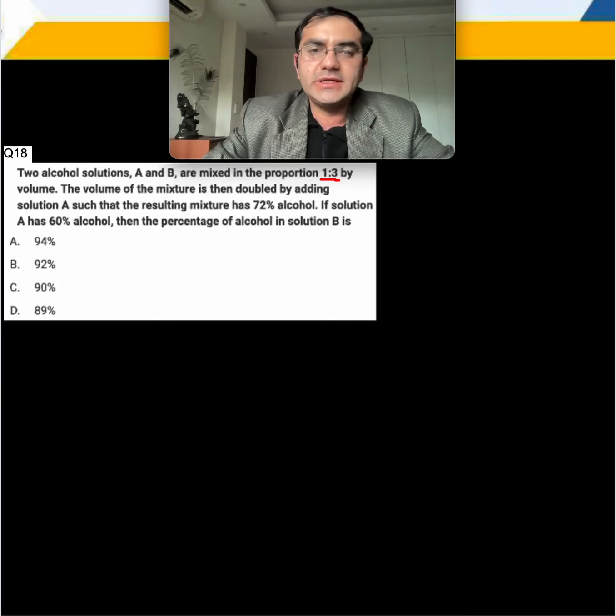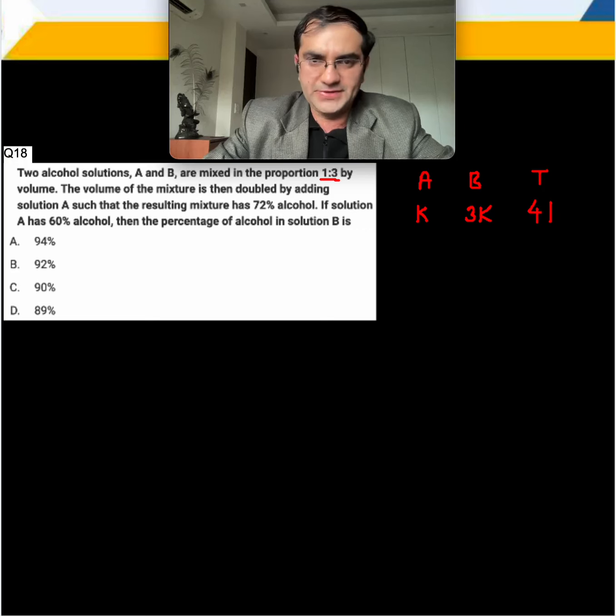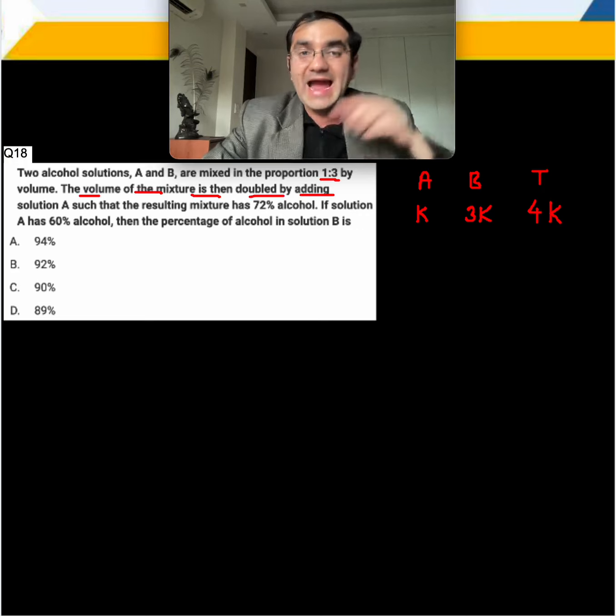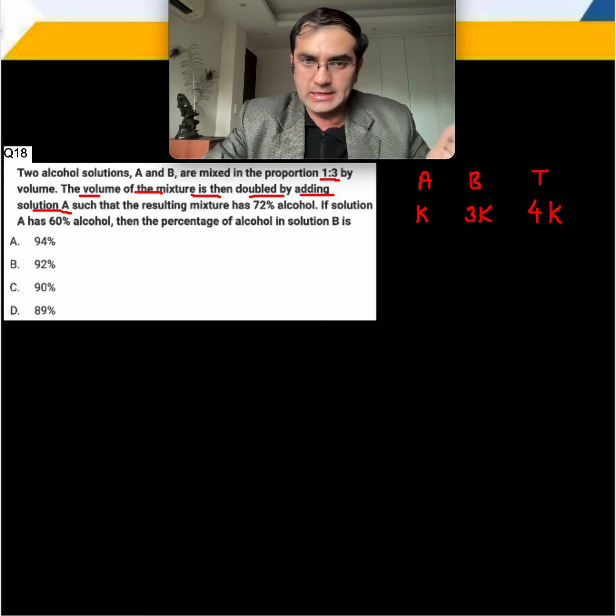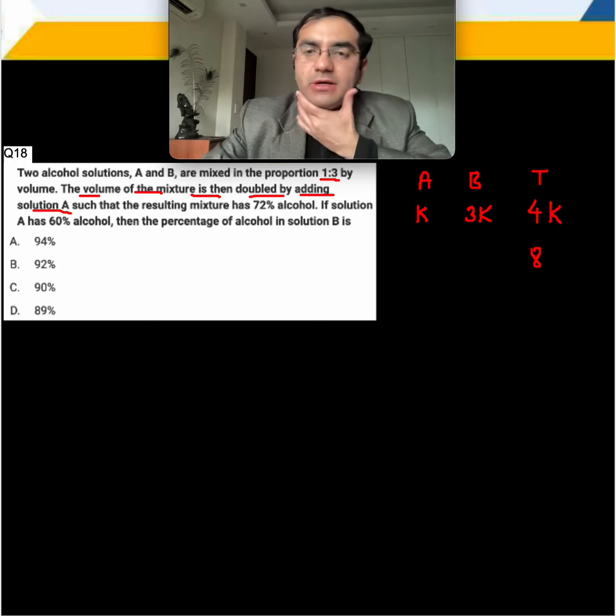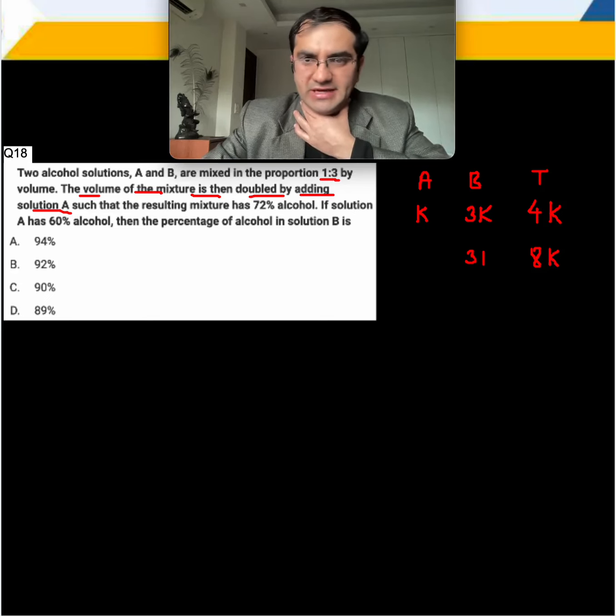You have 2 alcohol solutions A and B mixed in the proportion 1:3 by volume. Let me take K and 3K, so the total becomes 4K. Now, the volume is then doubled by adding solution A. So doubled means it now becomes 8K and B is the same, that is 3K.